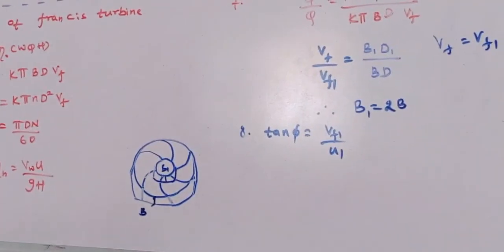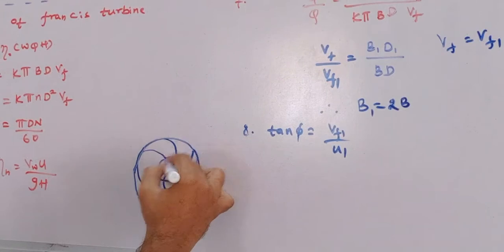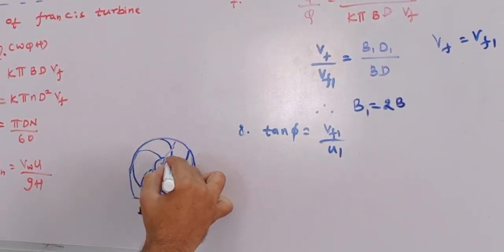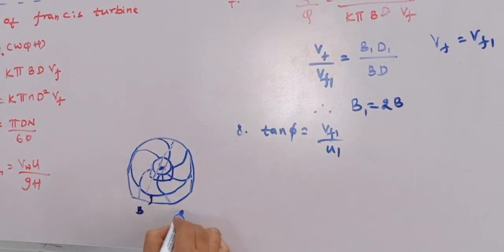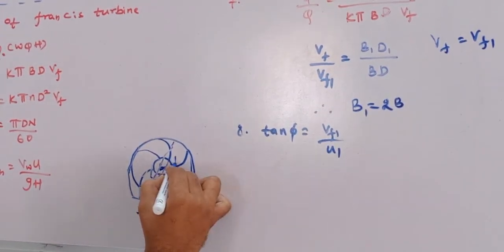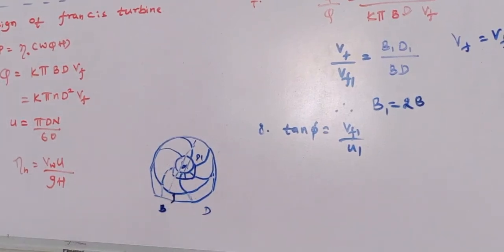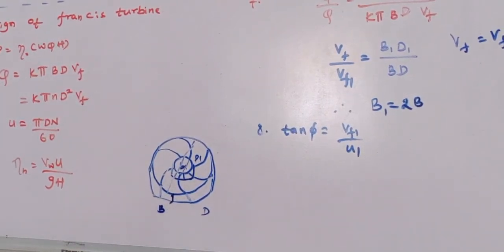Similarly, we also know that we have two diameters. One is the outer diameter, the other is the inner diameter. The outer diameter we call capital D, and the inner diameter we will call D1. These are the basic geometric dimensions which are important to understand the runner of the Francis turbine.